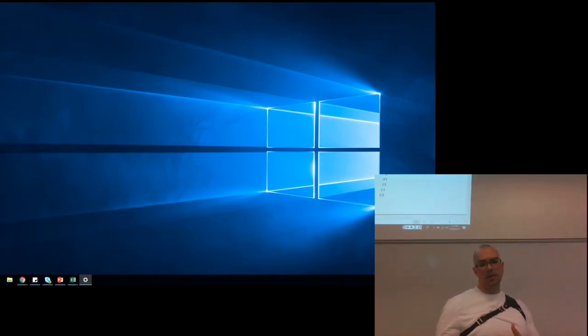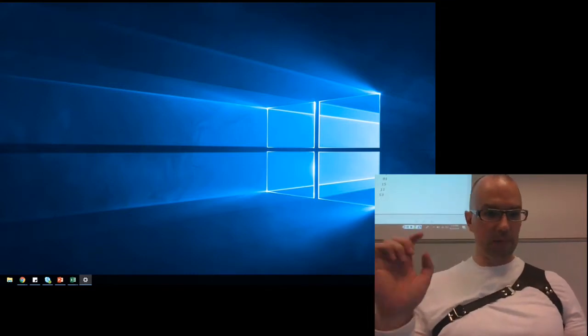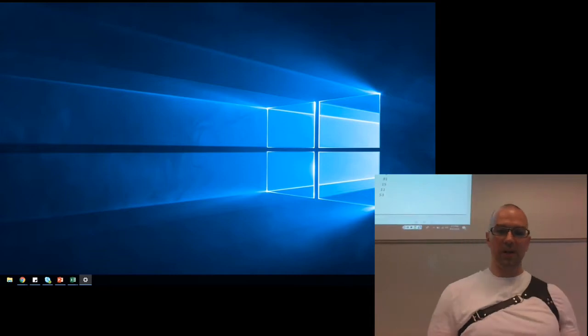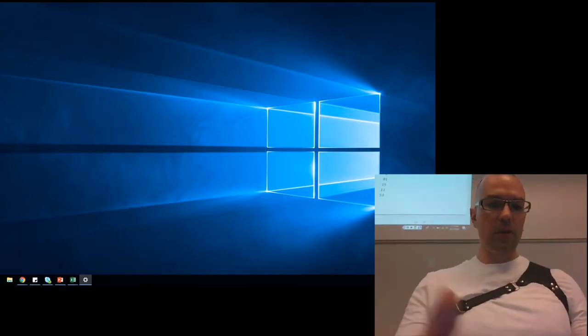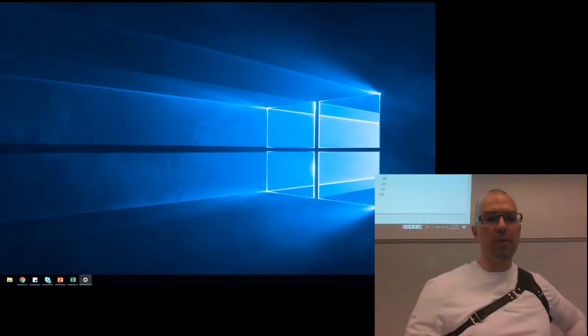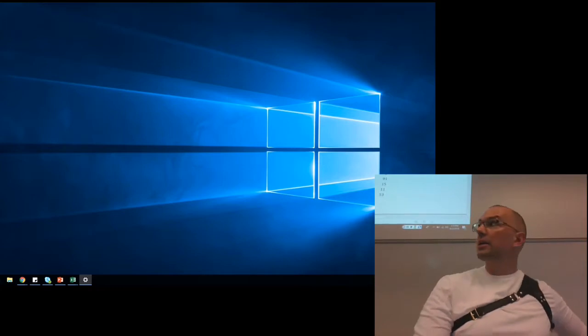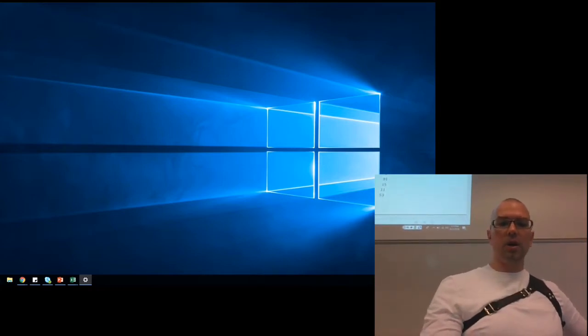We don't want to be vulnerable to human error. The way we're going to do that is use the equals function once again. Put equals in the answer cell, click on the cell that has your answer in it, hit enter, and Excel will put your answer up into that yellow answer cell.